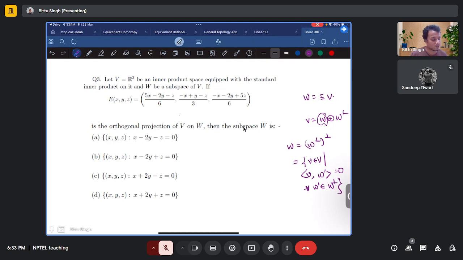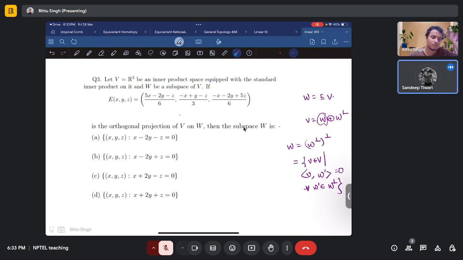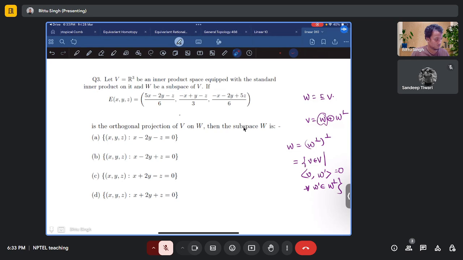Is it clear that another expression of this W is the same as W perp perp? Yes, sir. Because of the uniqueness of this decomposition, W perp will give you the same W.